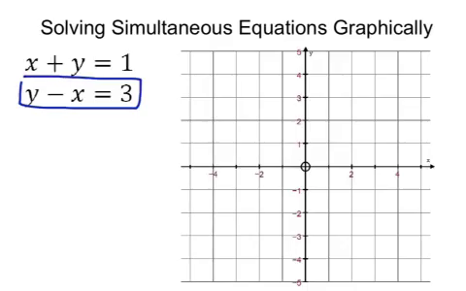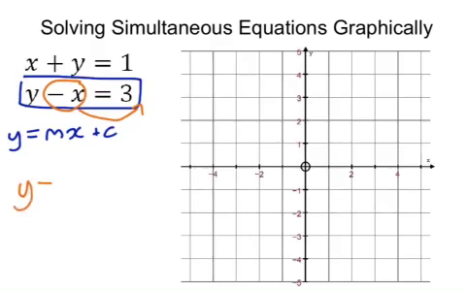Now remember, to draw a graph, we want to have it in the form y equals mx plus c. So here we're going to get the minus x, and we're going to add it on to the other side, so we have y by itself. So we have y equals x plus 3.